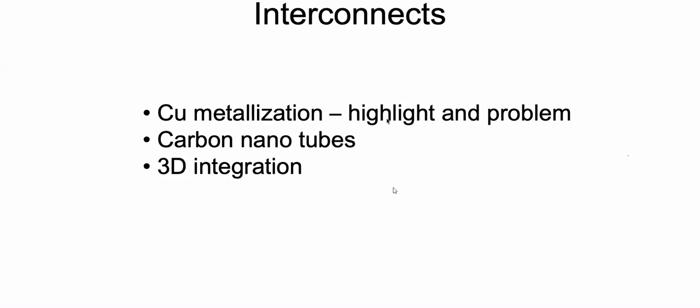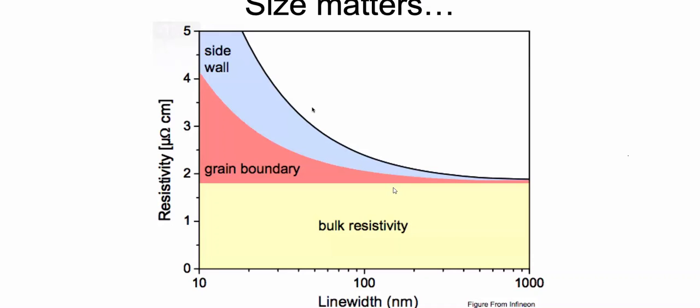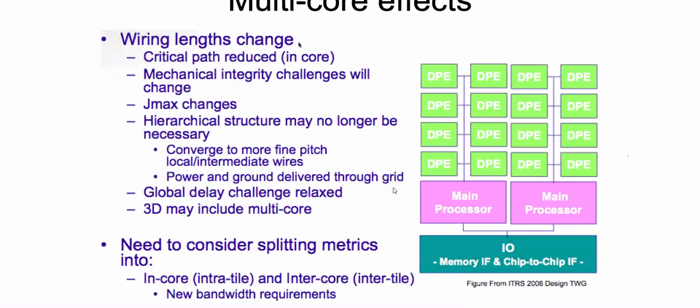Currently, people use copper metallization, maybe carbon nanotubes people are talking about, and 3D integration. I'll skip this slide. One direction in future VLSI design is a multi-core design, including integrating a lot of cores on the chip. You are reducing the critical path, there's some mechanical integrity challenge, and some hierarchical structure may no longer be necessary.